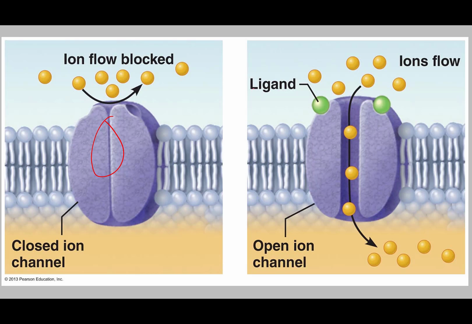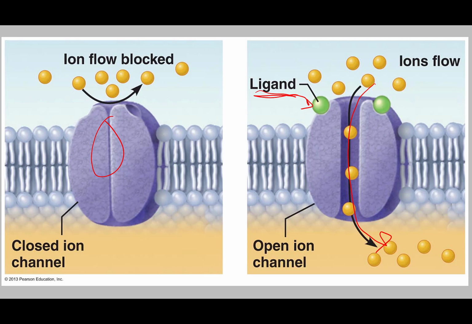But if a ligand, which is a specific chemical, usually a protein, but not always, binds to that ligand-gated channel, it's like putting a key in a locked door. It opens the channel, and then whatever substance that channel is specific for, in this case, it looks like it's probably sodium, but it could be a few other things. Well, now it's open, so that substance is free to diffuse through.